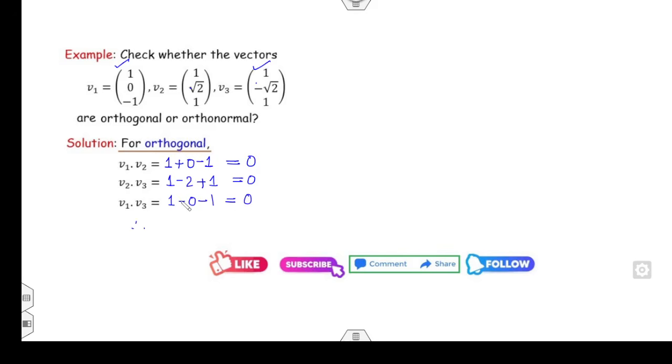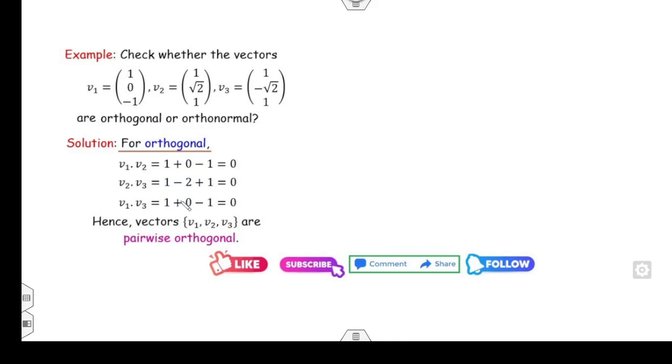So yes, v1, v2, v3 are orthogonal vectors.